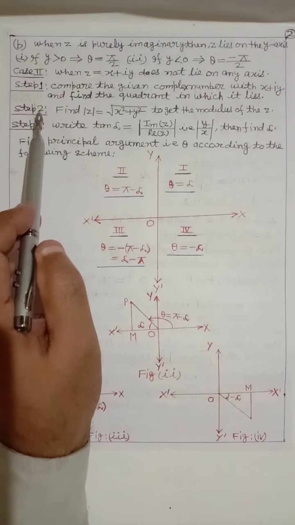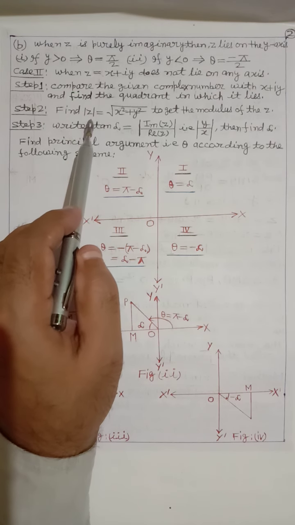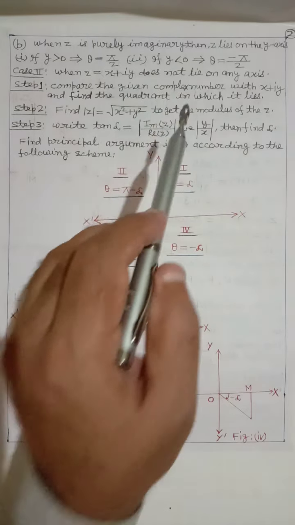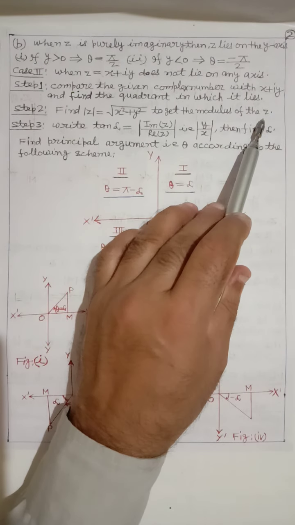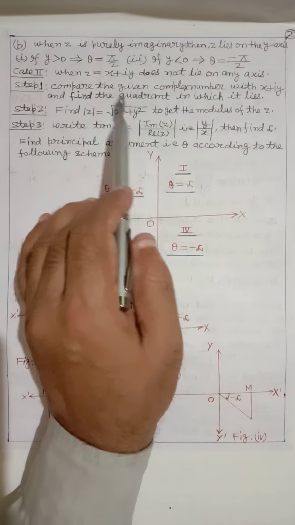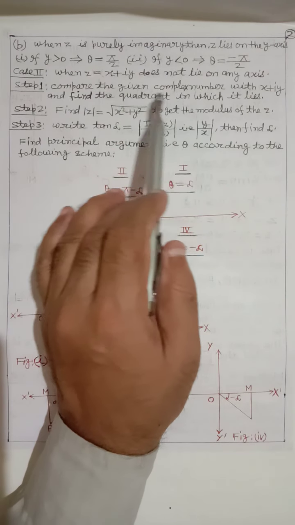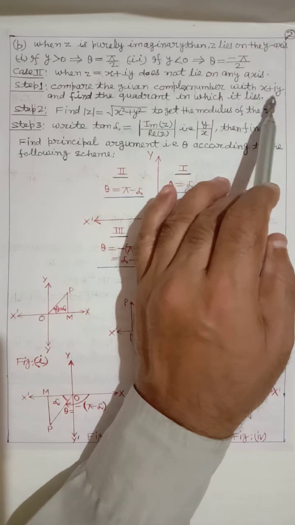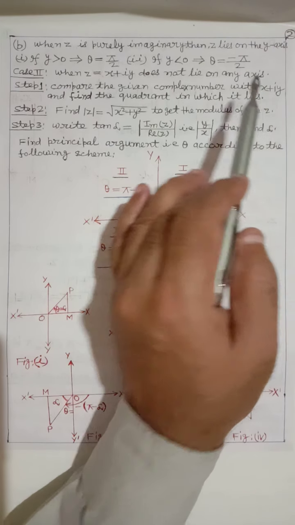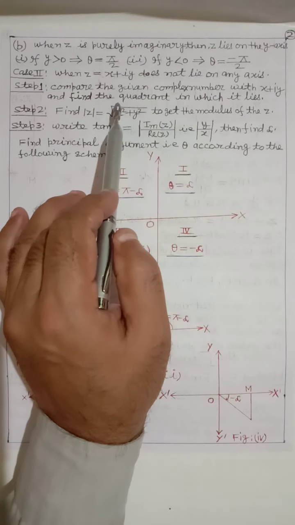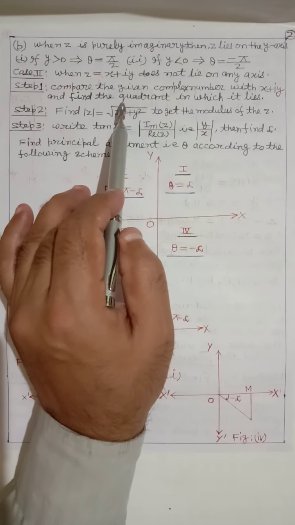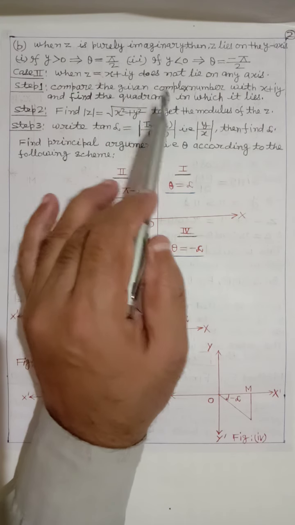Step 2, find modulus of z, and this is equal to r, which is equal to square root of x square plus y square. Here in step 1 we compare the given complex number with x plus iy, and on the basis of comparison we find in which quadrant the given complex number lies.